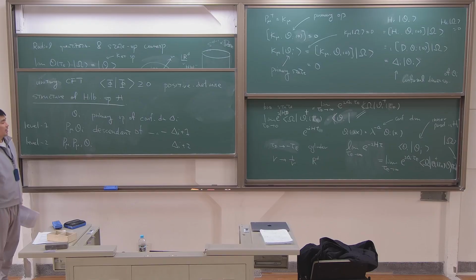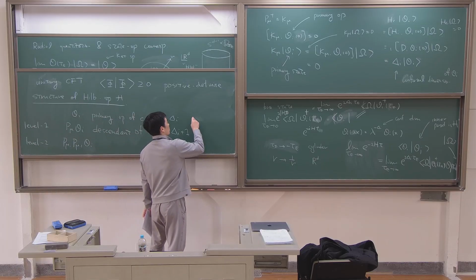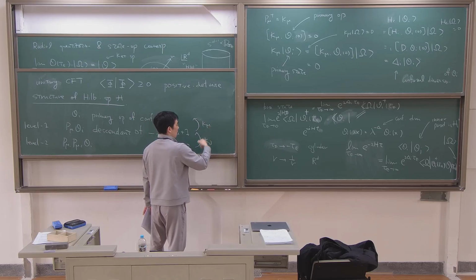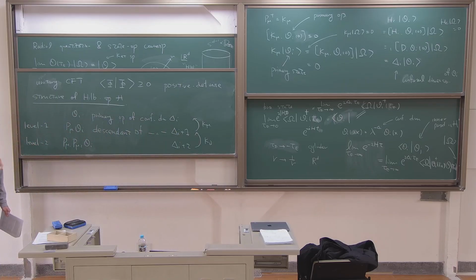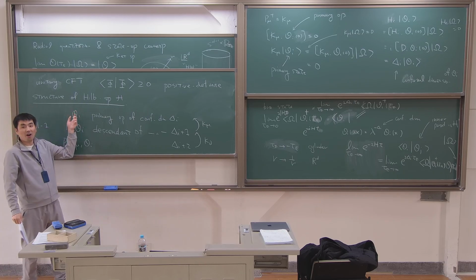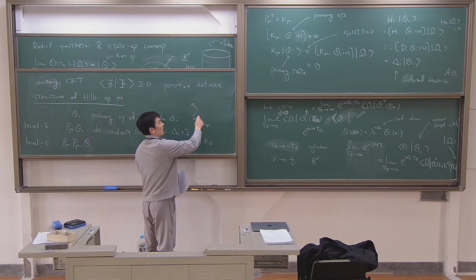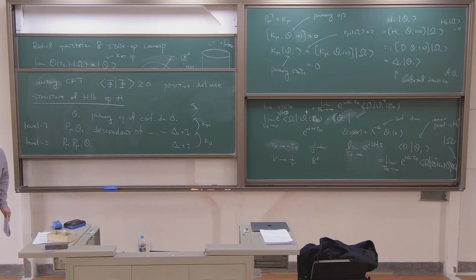If you act with K_mu, you just go back and decrease the level. And if you act with K_mu on O_I, it becomes zero. That's the definition of a primary.